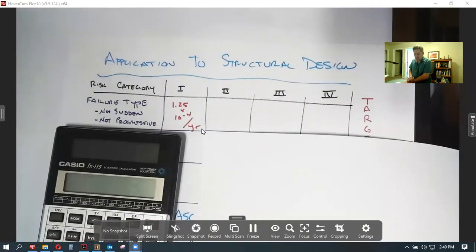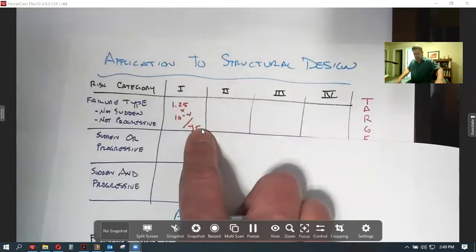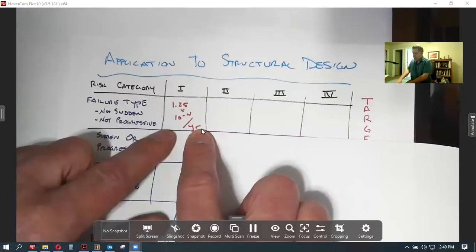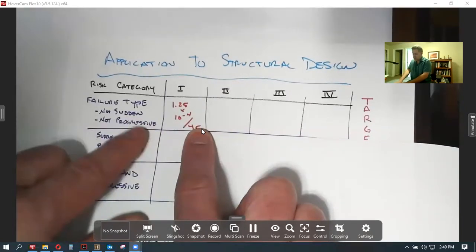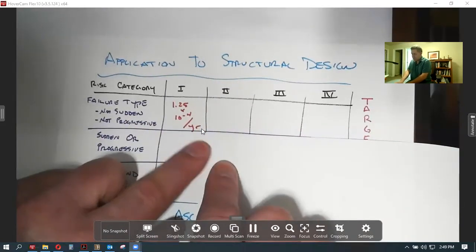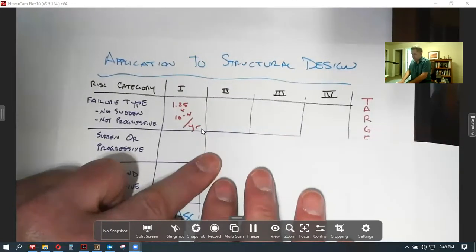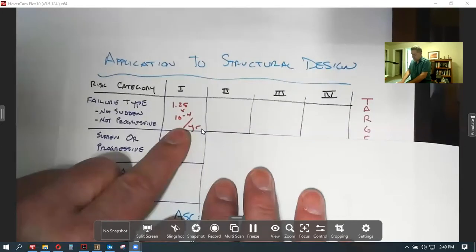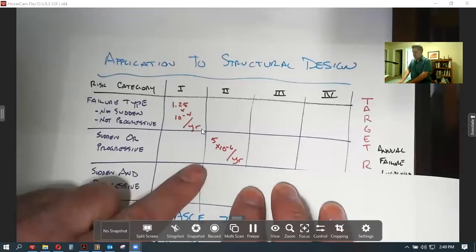So that's a 1 in 8,000 chance in a given year that that barn, that storage facility, would have some sort of a failure of a general gentle nature, where there's advance warning. You can make sure the occupants of that facility are out. So compared to the others, it's an elevated likelihood of failure, but compared to the big picture, 1 out of 8,000 in a year is not particularly large.